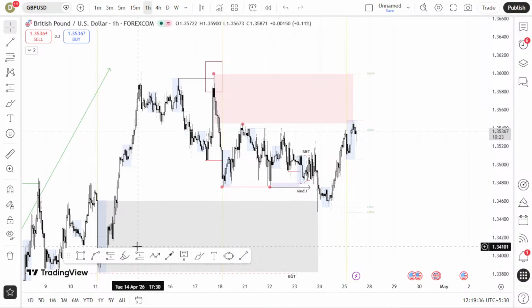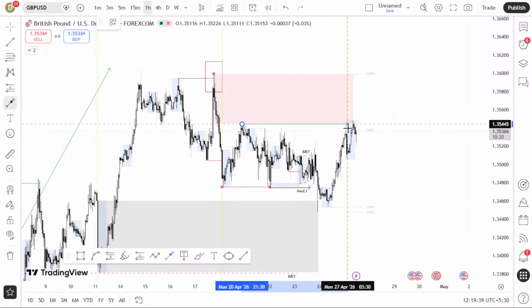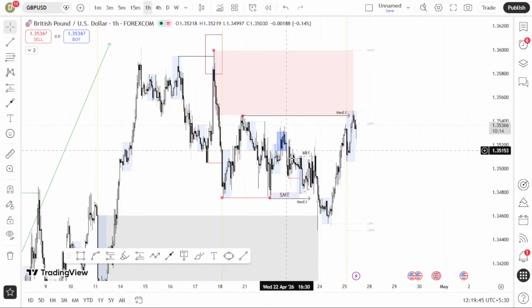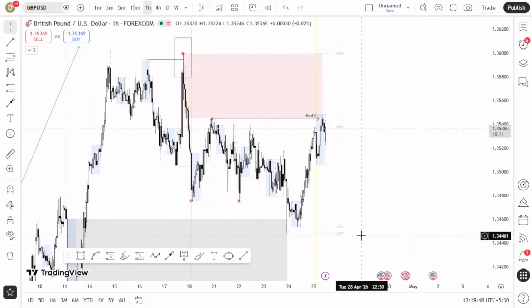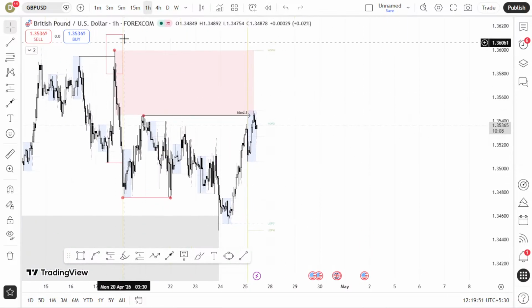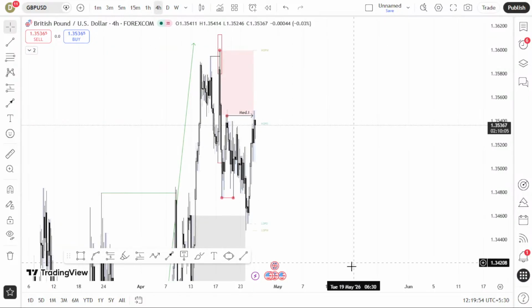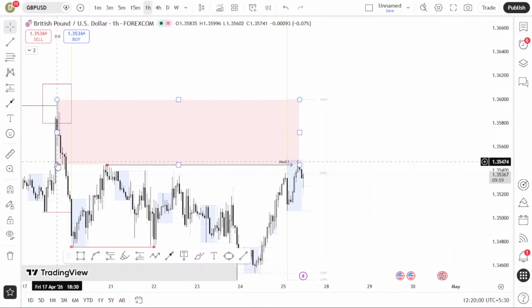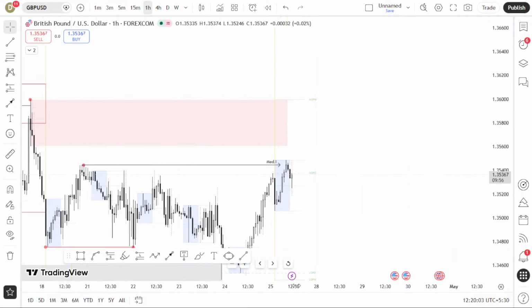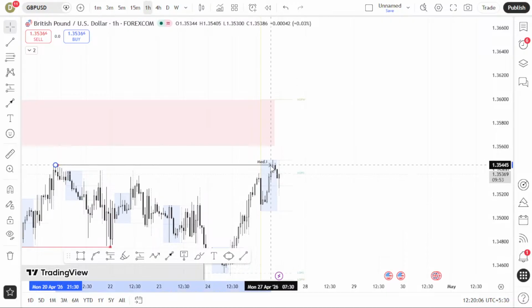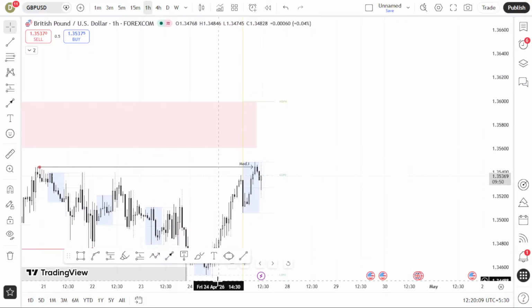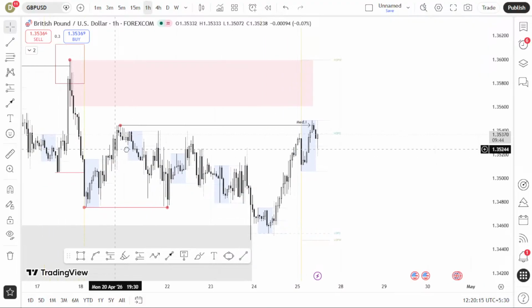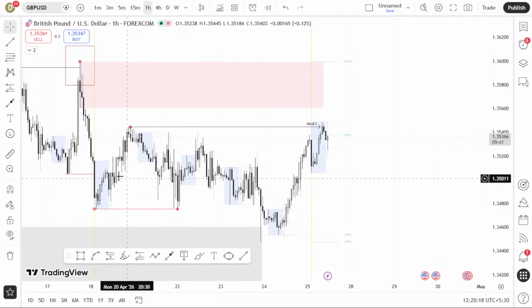You could consider this as a medium inducement, but this happened in the Asia session, so not much relevance to it. But since we have got a strong medium inducement, this can also be considered a break and test inducement as well.